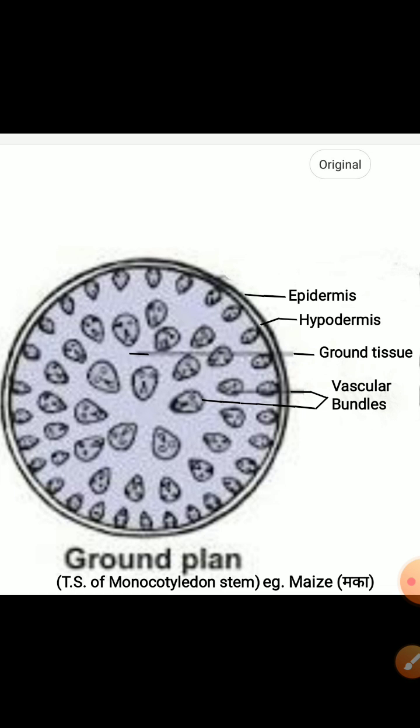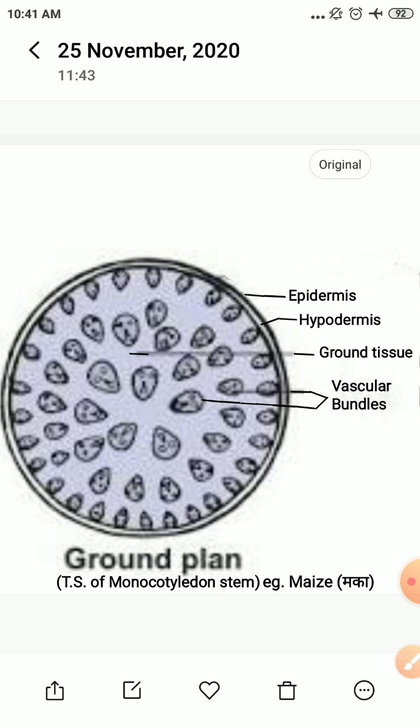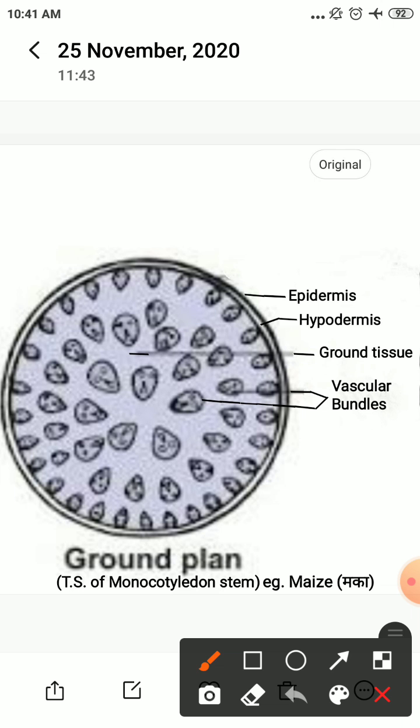Now, of this total ground plan diagrammatic section, we have to see the internal structure of the different cells and tissues composing the different layers, and also visualize the structure of the vascular bundles and the different functions they and different regions of the stem perform. So for this purpose, we can visualize the sector of the stem. For example, this is the sector of the stem.